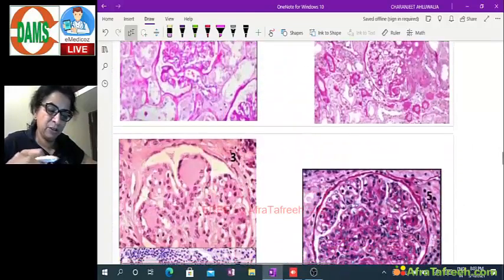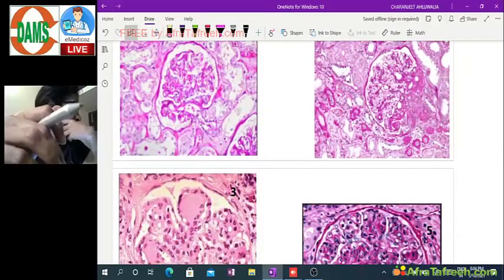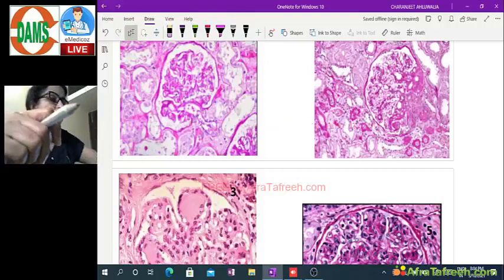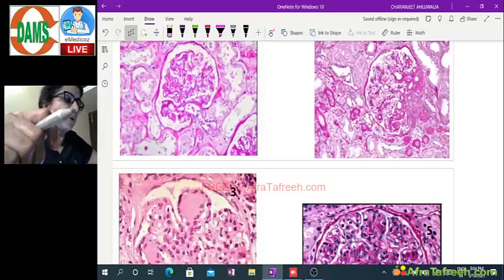Figure 1, 2, 3, 4, 5. Okay, figure 1. Anybody else? 2. Preeti 2. Okay. Parvinder figure 2. Muskan. Okay.